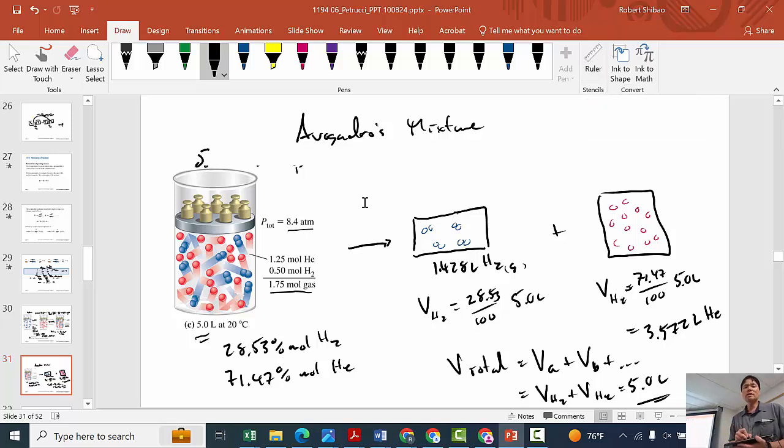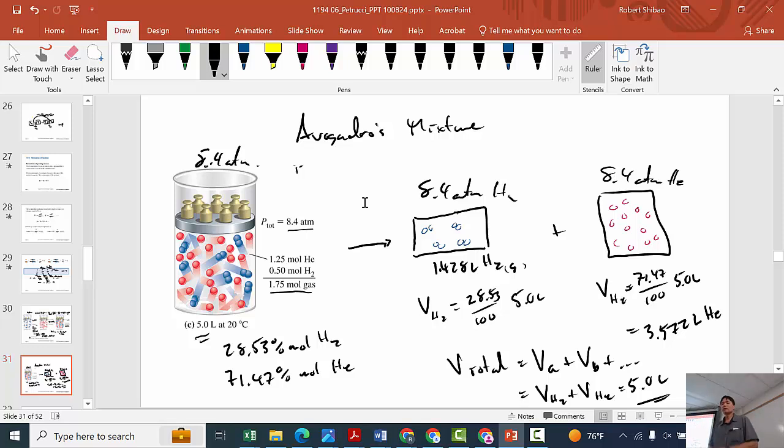So if the mixture is at 8.4 atmospheres, then I need 8.4 atmospheres of hydrogen, and I need 8.4 atmospheres of helium. So if I take 8.4 atmospheres of hydrogen plus 8.4 atmospheres of helium, do I get 16.8 atmospheres of mixture? No, I get 8.4 atmospheres of mixture.